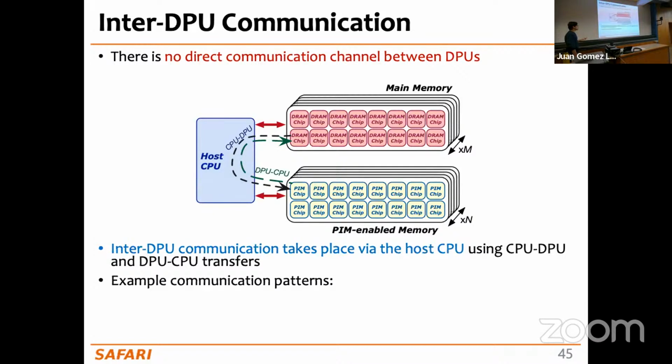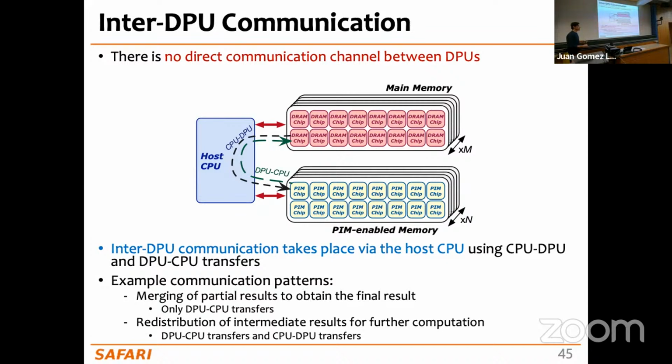So what you need to do is to communicate through the host with DPU-CPU and CPU-DPU data transfers. Depending on the workload, you might need to use more or less of these intermediate data transfers. It might turn out that you only need to transfer partial results to obtain the final result on the CPU. In that case, you only need DPU to CPU transfers.